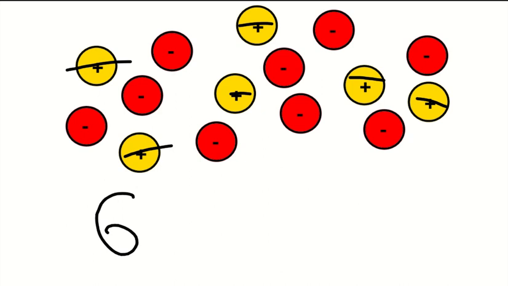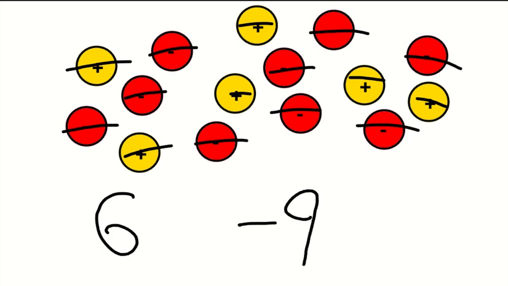For the negatives, 1, 2, 3, 4, 5, 6, 7, 8, 9. I got 9 negatives. When I combine these, we think of it as an addition problem because you're combining the positives and the negatives. So our basic addition problem would be 6 plus negative 9.